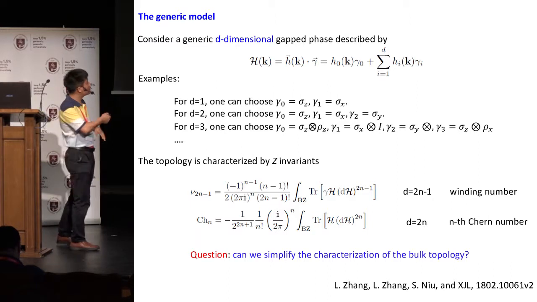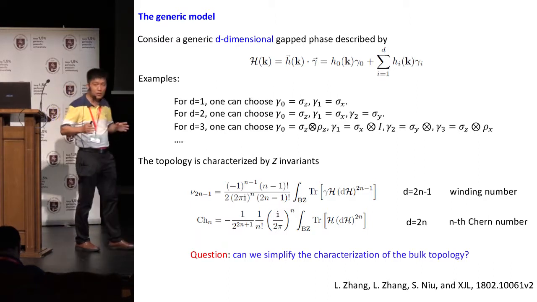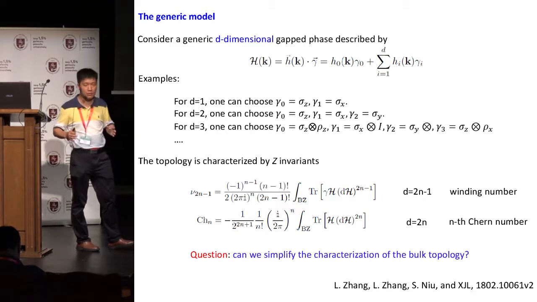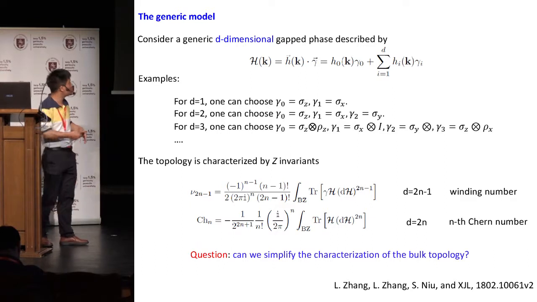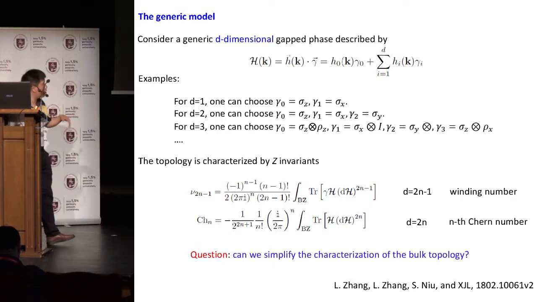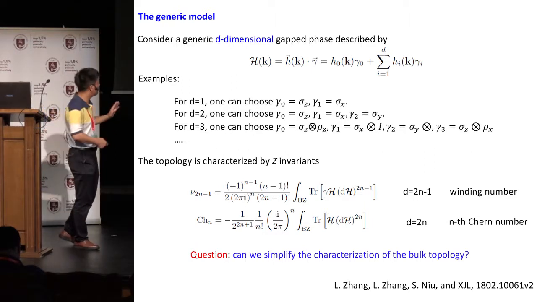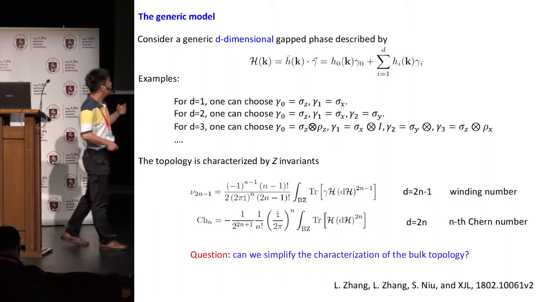I want to emphasize this is the minimal model for the different dimensions. But once you can classify the topological phases for the minimal Hamiltonians, all the generic cases can be decomposed into the direct sum of the minimal situations. If you want to know more details, you can check this paper.